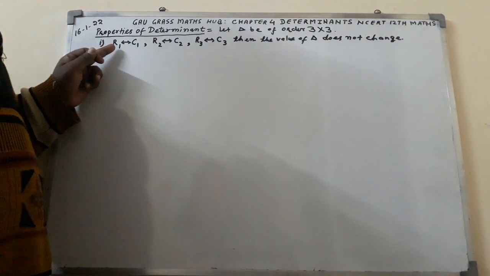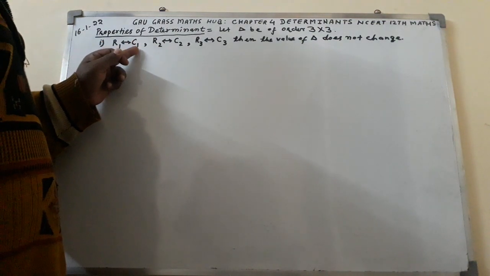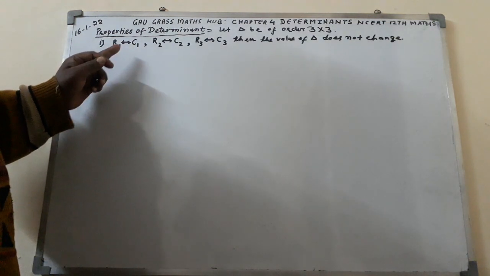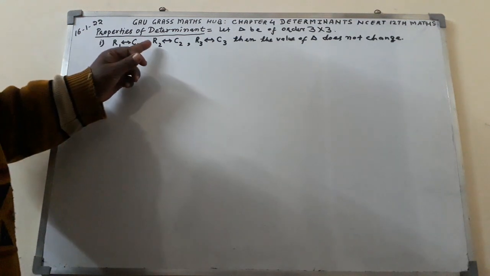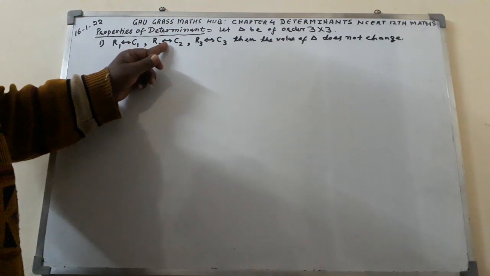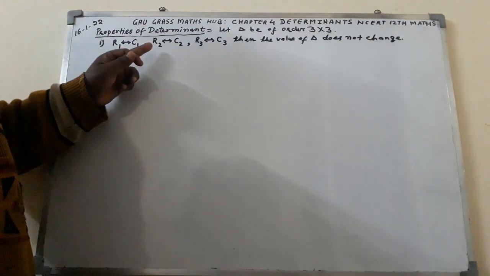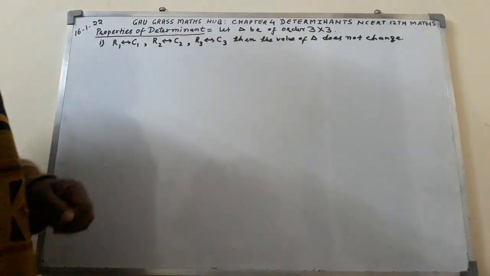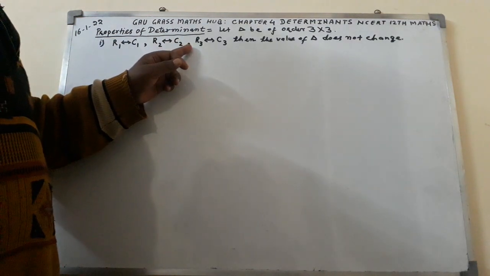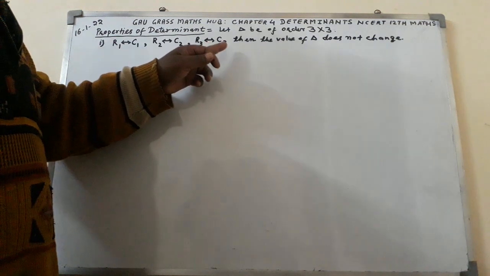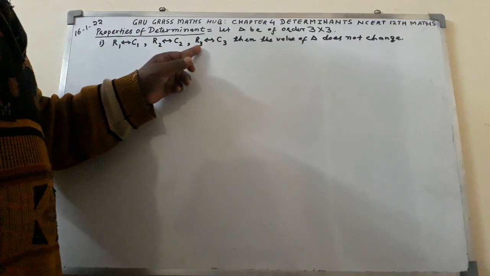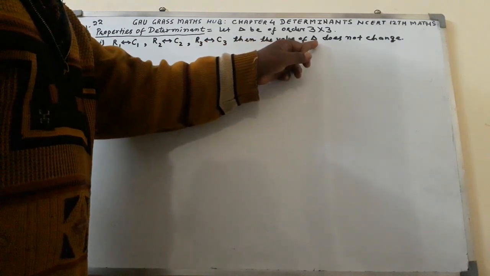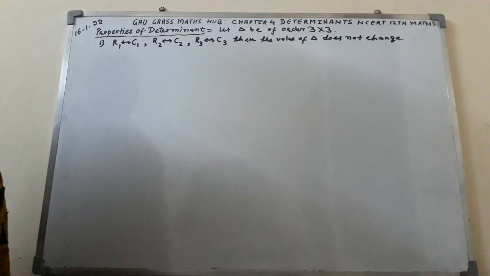Then R1 interchange to C1 means the first row is interchanged to the first column, R2 interchange to C2 means the second row is interchanged to the second column, and R3 interchange to C3 means the third row is interchanged to the third column. Then the value of the determinant does not change. This is the first property.